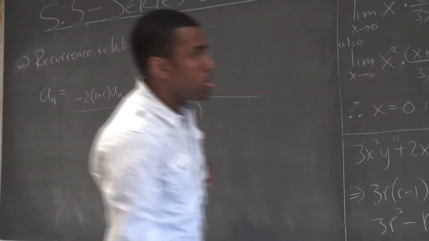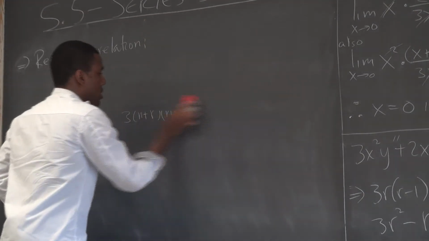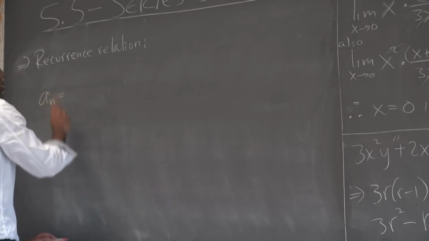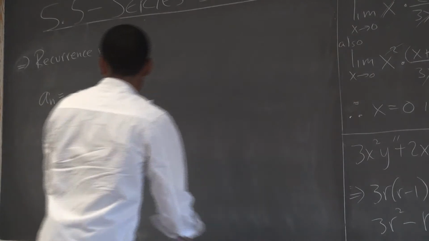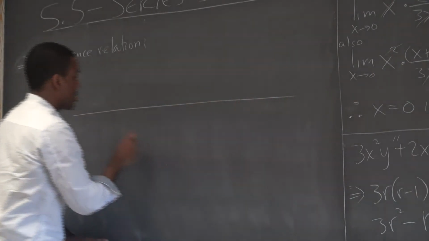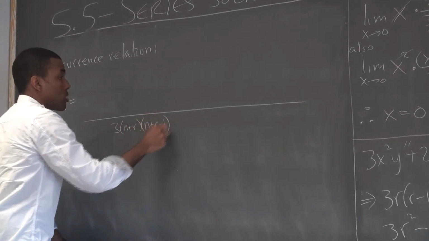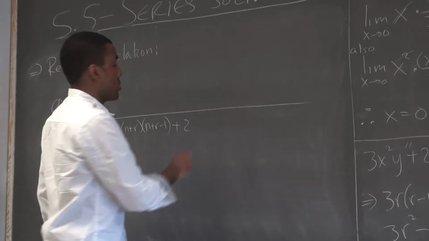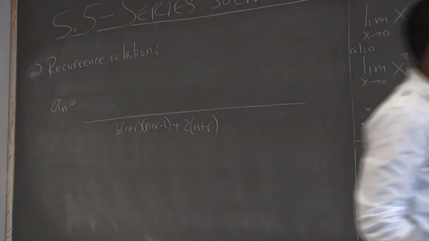That's also an a n, so I'm going to group the a n's. I want to factor out an a n from both of these. So the denominator is 3 times (n plus r)(n plus r minus 1), plus 2 times (n plus r). That's it.